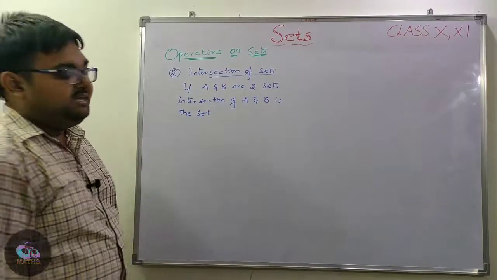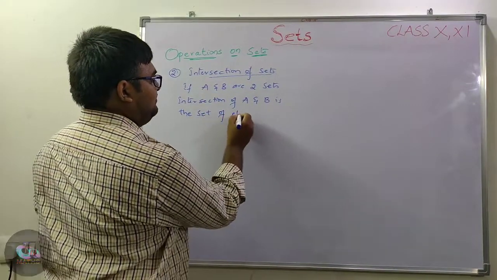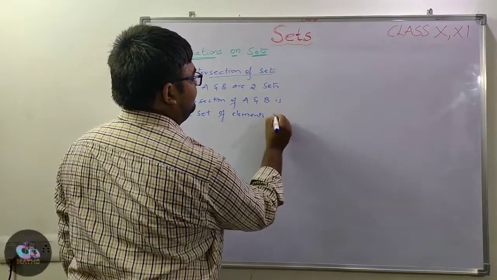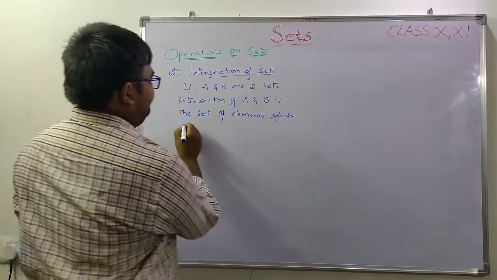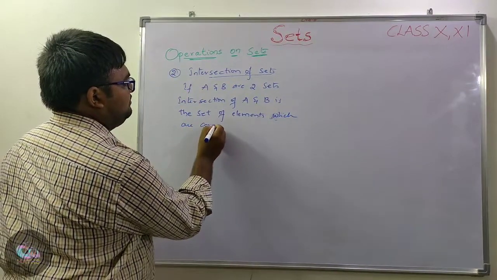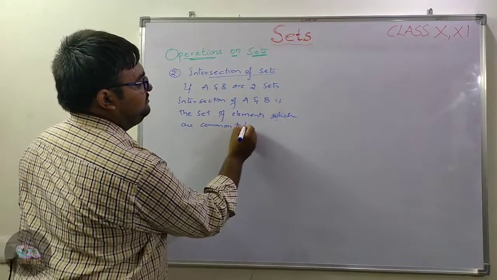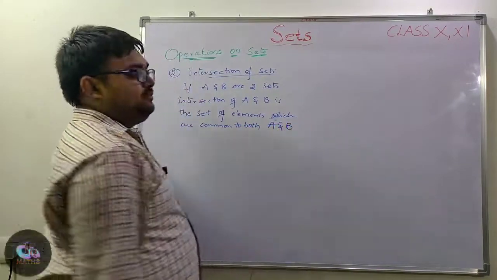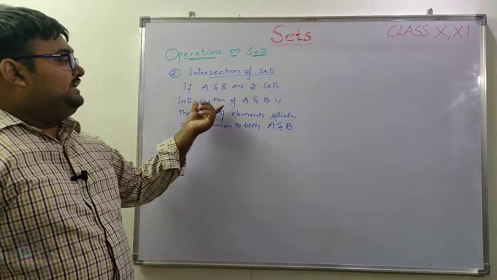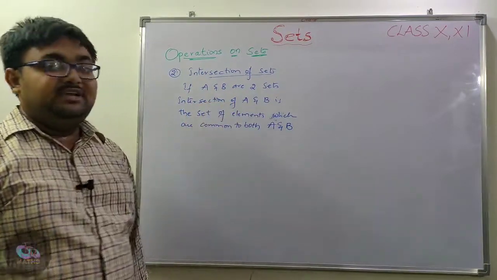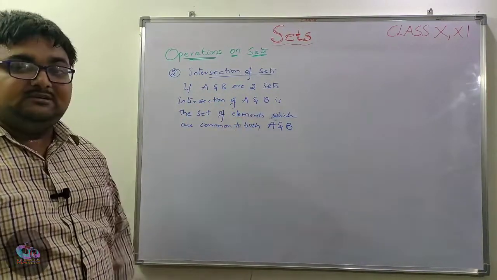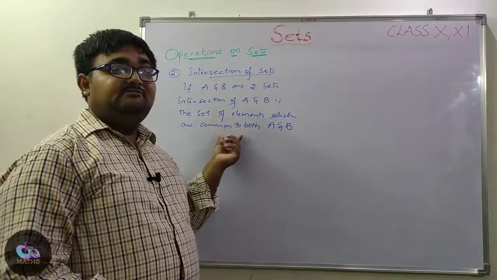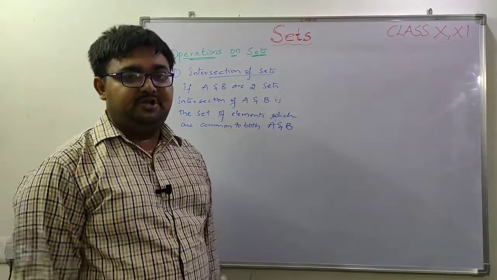The intersection of A and B is the set of elements which are common to both A and B. In this particular intersection, we take the elements and form a set which contains the elements which belong to both A and B.